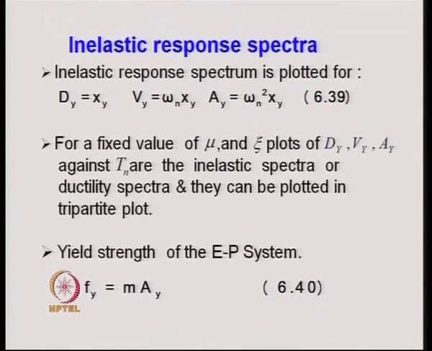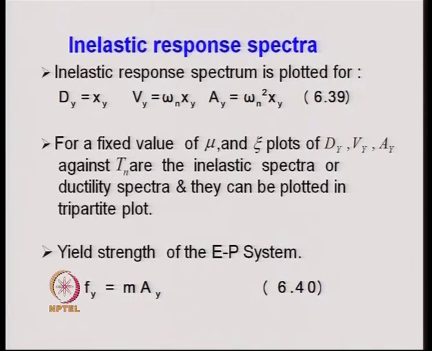dy, that is the displacement inelastic response spectrum, is simply equal to xy. That is, if we plot xy, the yield displacement, over the entire time period, then we will get the displacement inelastic response spectrum.